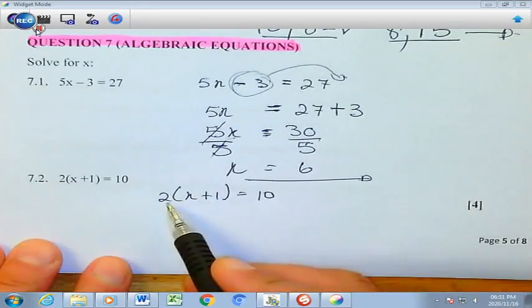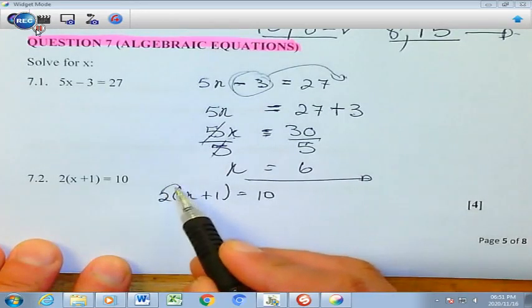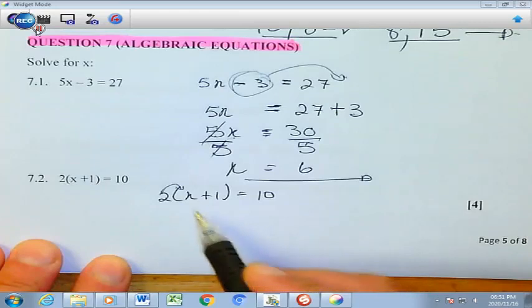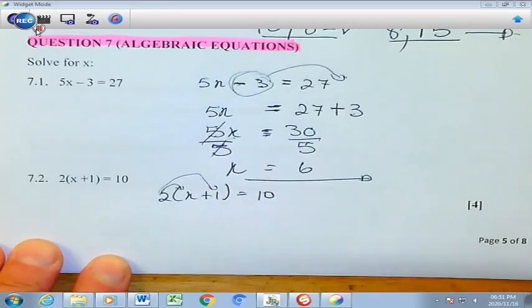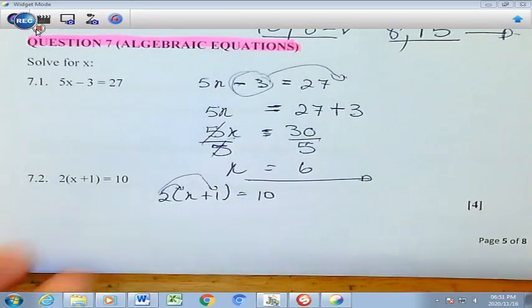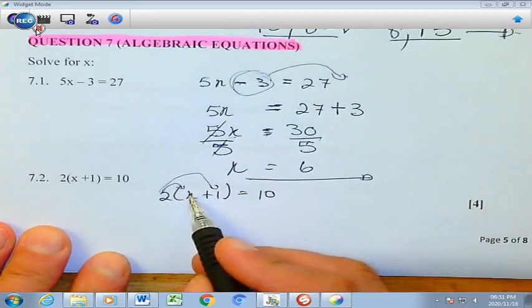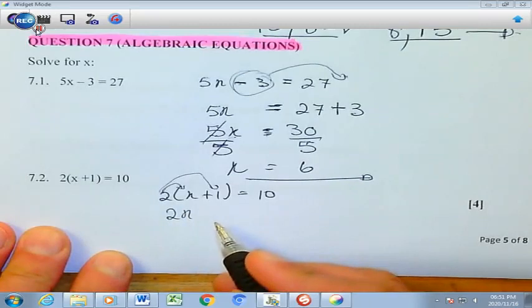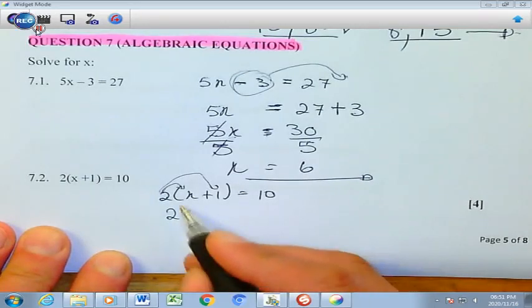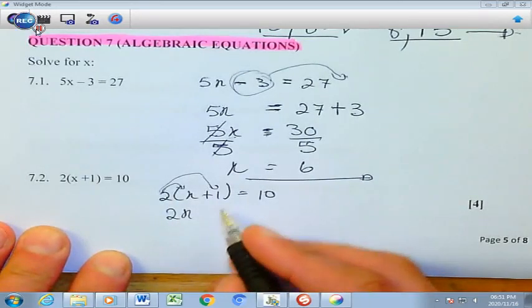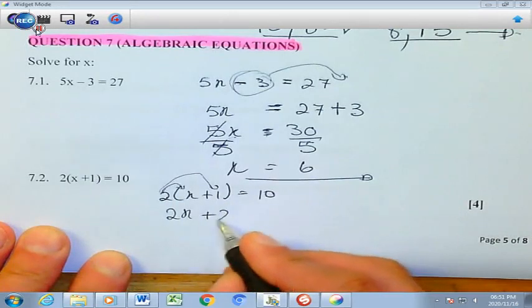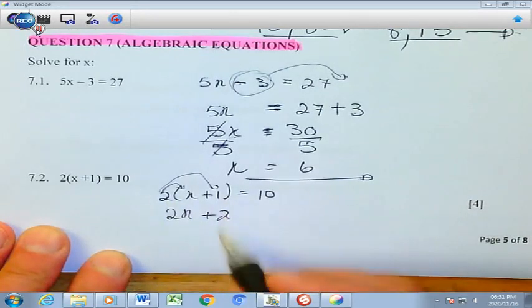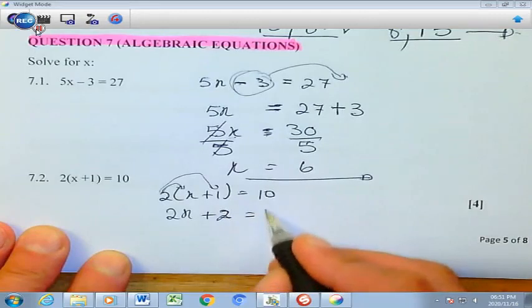So the rule here is that 2 now multiplies with the x, and it multiplies with that 1 there. And then the brackets are removed. So let me do that. 2 times x is 2x, right? That's 2x. 2 times 1 is positive 2. 2 times 1, positive 2, equals 10.